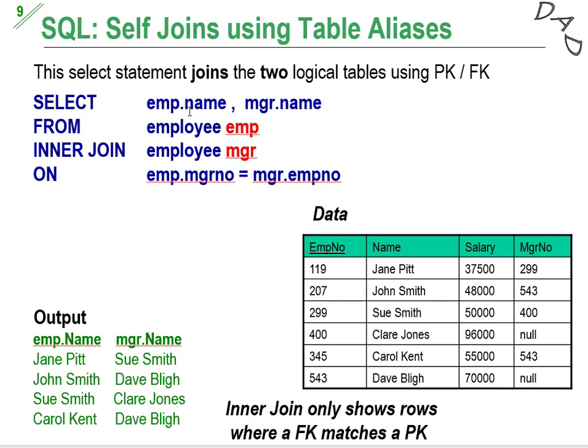Select name. This name is coming from the employee table. So emp.name, and the second name coming from my manager table, the second copy, mgr.name. From employee emp inner join employee mgr, and then we give the condition emp.manager_number is equal to mgr.employee_number. So this is the first copy, foreign key, and this is the second copy, primary key.